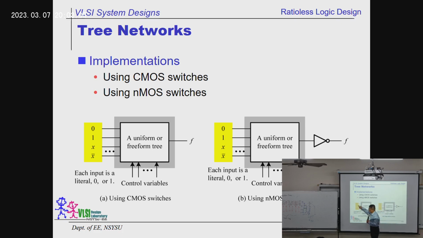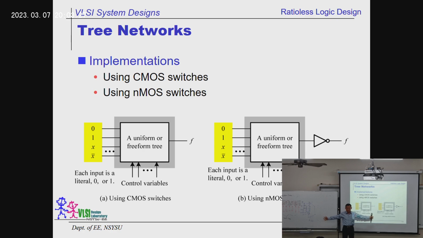These 4 are similar to what we have over here: 1, 0, W, W bar. 4 different options, selections. This one is also the same. So basically, you can consider that this is a different form of that kind of multiplexer. That's all. Is that clear?